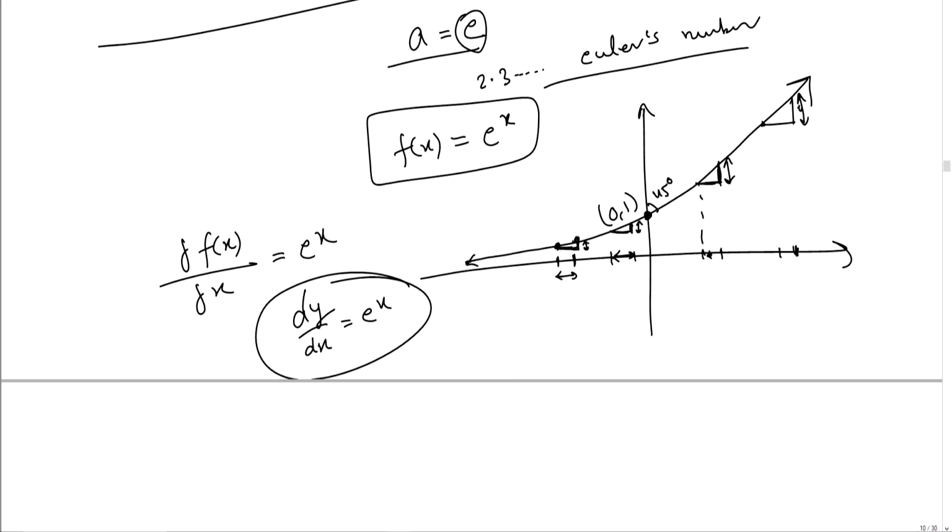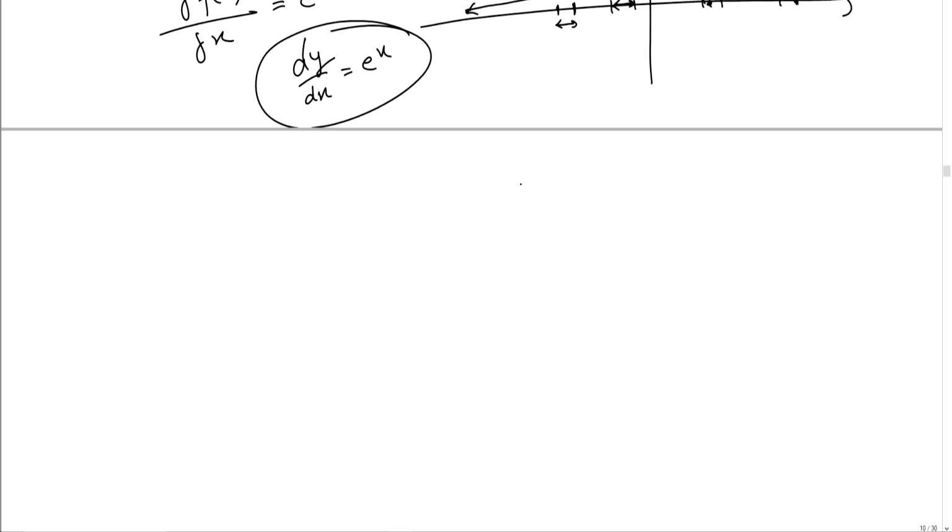For lower values of x, slope would be smaller, for larger values of x, the slope would be larger. So, what is that function? That function also remains e to the power x for this particular exponential function. Whenever you have the function e to the power x, the rate of change of the function with respect to x is also e to the power x, right. You will understand this point better when we start doing differentiation.